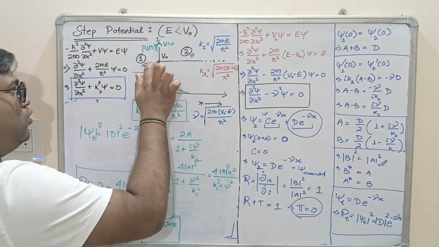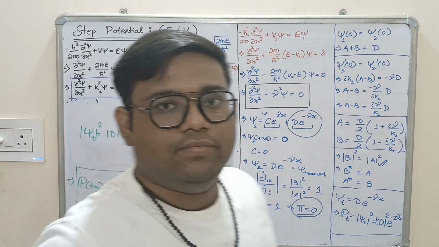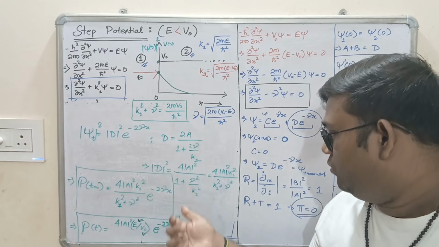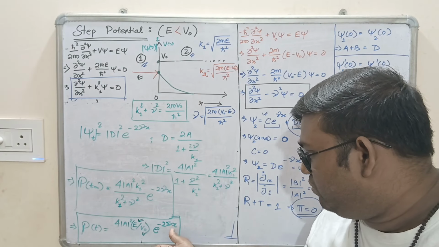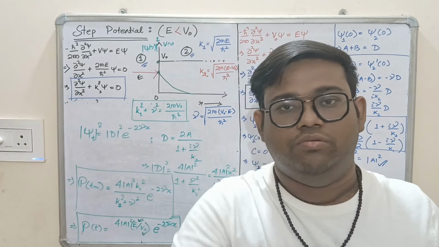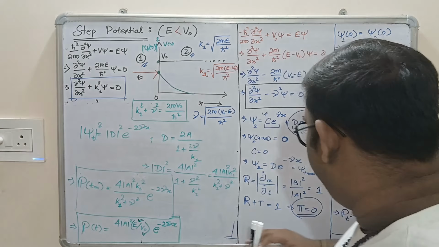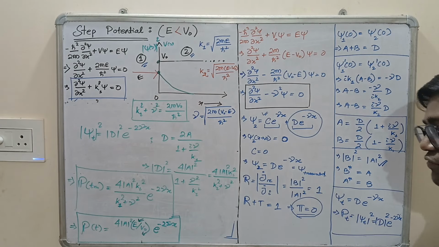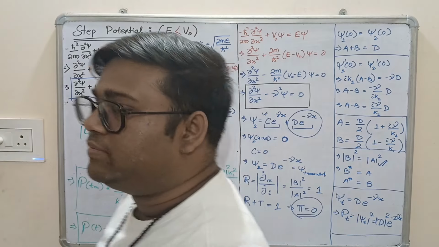Here the step potential goes from 0 to infinity. So when you put infinity at this part, the probability density goes to 0. That's why we find the transmission coefficient to be 0 in this case.